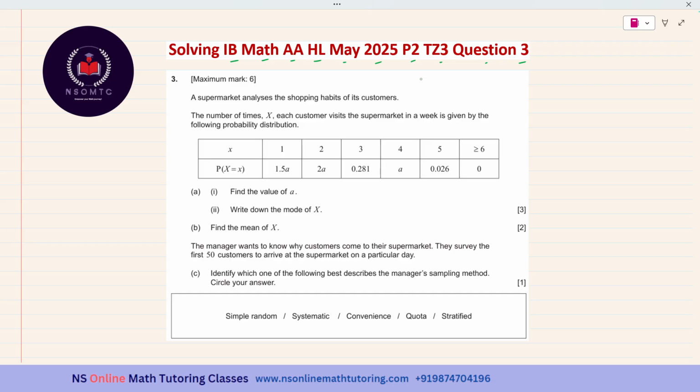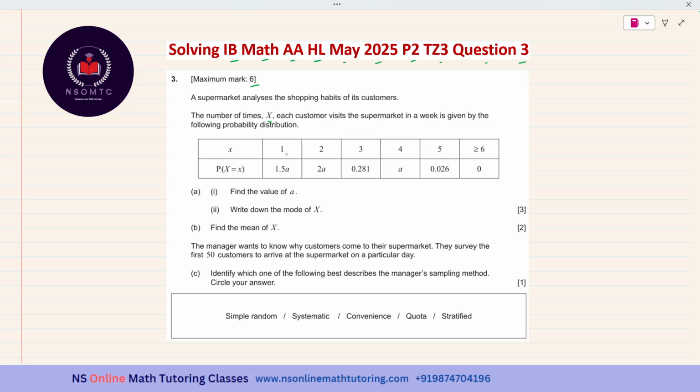So without any further delay, let us start to solve question number 3. The maximum mark is 6. A supermarket analyzes the shopping habits of its customers. The number of times X each customer visits the supermarket in a week is given by the following probability distribution.